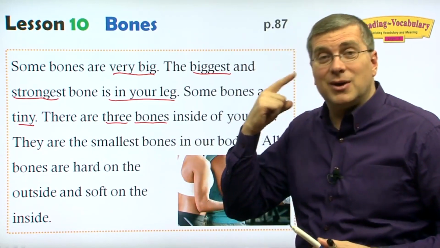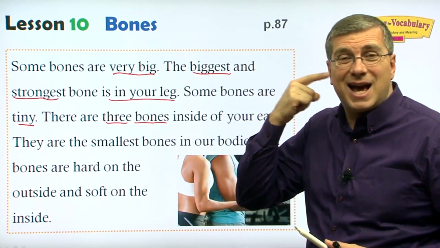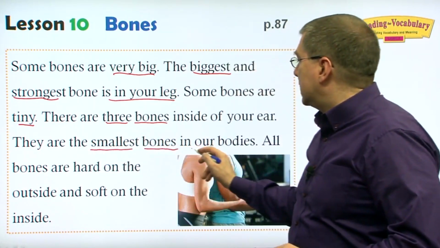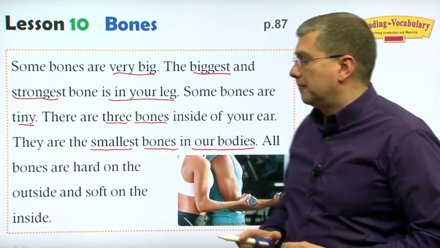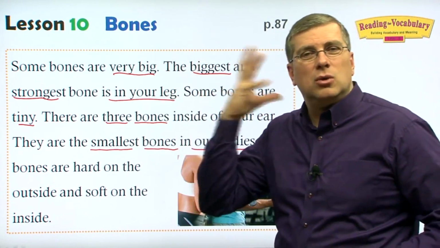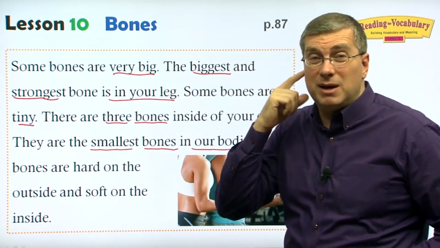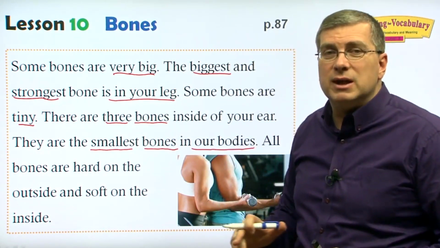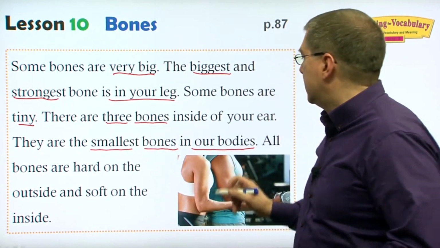Did you know that? There are three bones inside your ear. They are the smallest bones in our bodies, okay? By the way, those are small bones. You have to protect them. Don't listen to loud sounds. You might break those bones. So be careful about loud music or loud sounds.